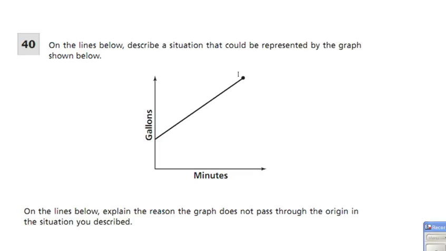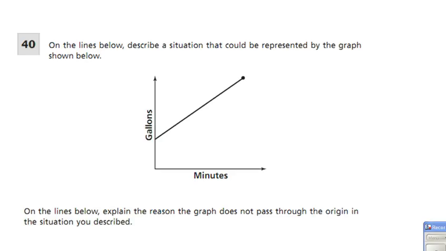Okay, number 40 here. On the line below, explain the reason the graph does not pass through the origin in the situation you described by the graph shown below. This has gallons and then going up.